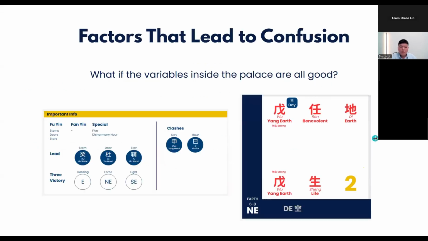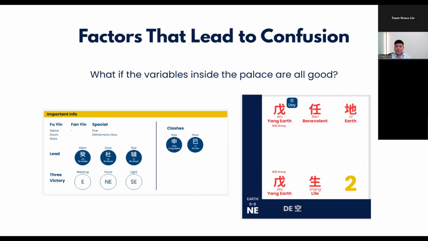So there are many factors that cause confusion. Number one, what if the variables inside the palace are good? This is one of the confusions that a lot of people face. You say Fan Yin and Fu Yin are no good, so people will say Fan Yin is bad, and Fu Yin means everything is stagnant, in a cycle, trapped.